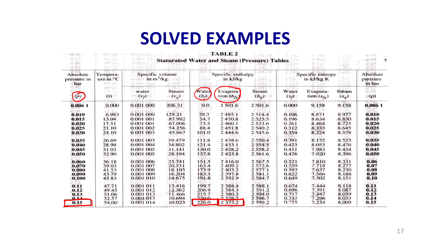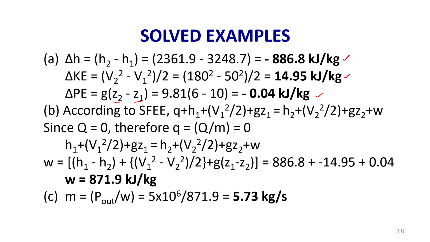So, this is equation number 4: H1 plus V1 square by 2 plus G into Z1 equal to H2 plus V2 square by 2 plus G into Z2. Again, this is the kinetic energy at the inlet, this is the potential energy at the inlet, kinetic energy at the outlet, potential energy at the outlet, enthalpy of the working fluid at the outlet, enthalpy of the working fluid at the inlet.